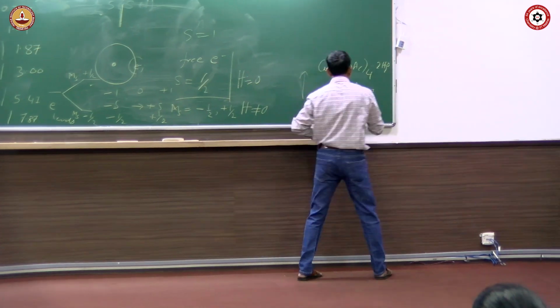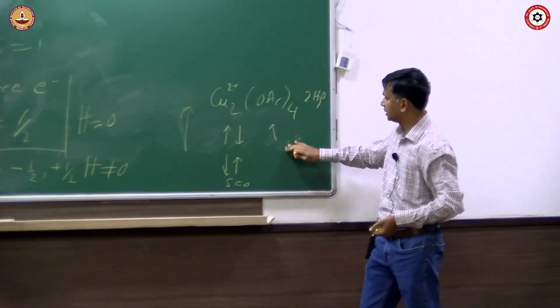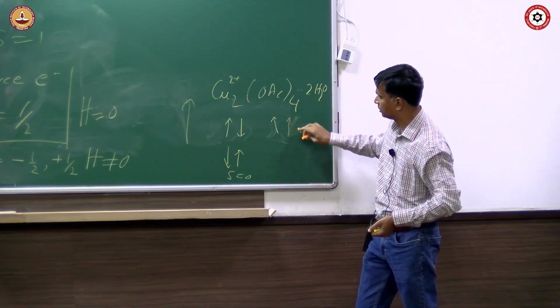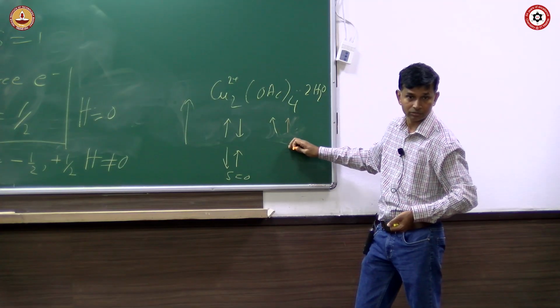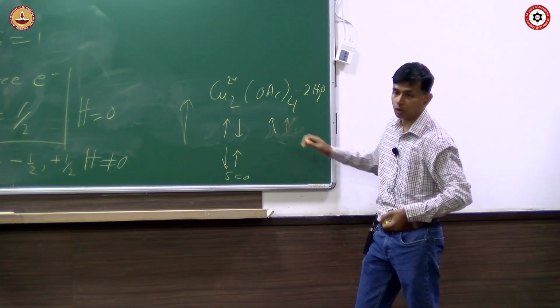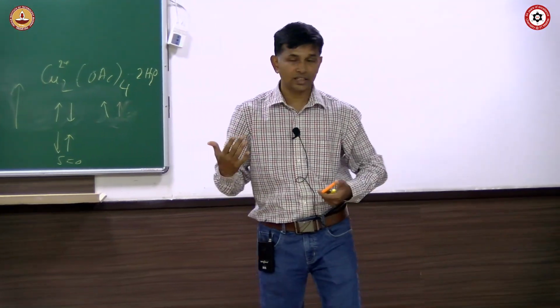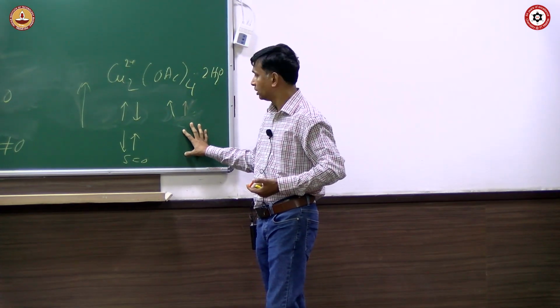Now for this state, it is a state in an applied magnetic field, and the tilting angle can change, and you can even make it parallel, depending on how random it is and at which temperature you are measuring. So for copper acetate, you will get a room temperature EPR signal because of this random orientation.